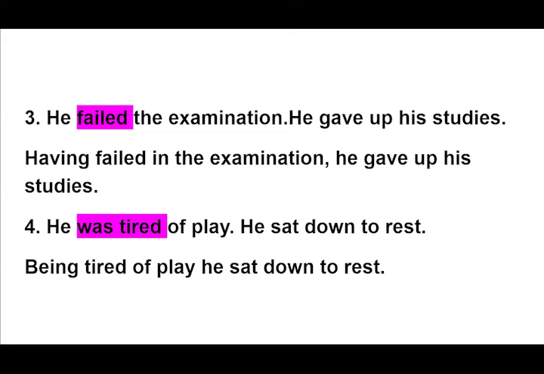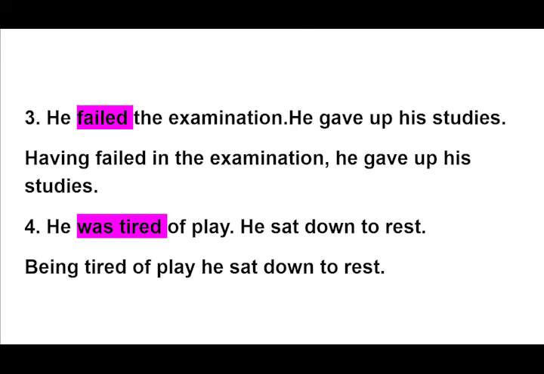He failed the examination. He gave up his studies. Here, having is added before the past participle failed. That is, having failed in the examination, he gave up his studies.